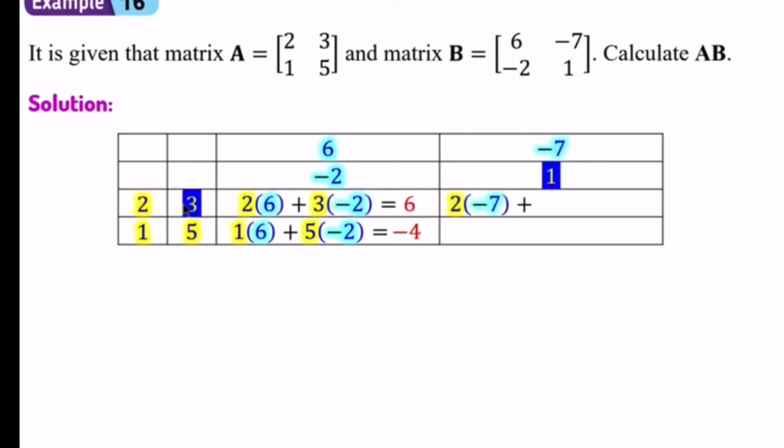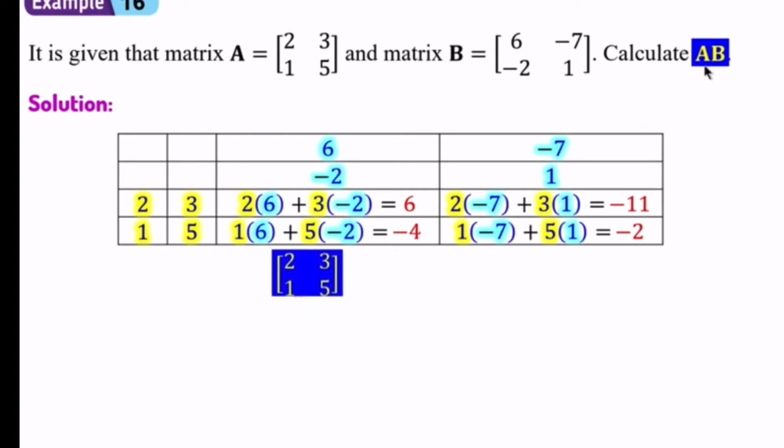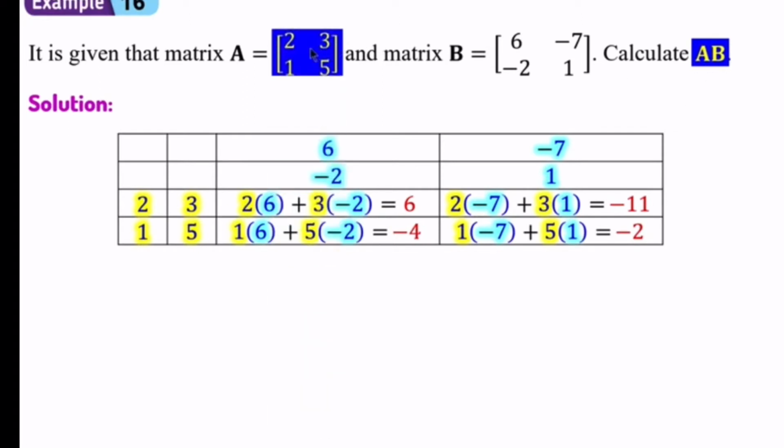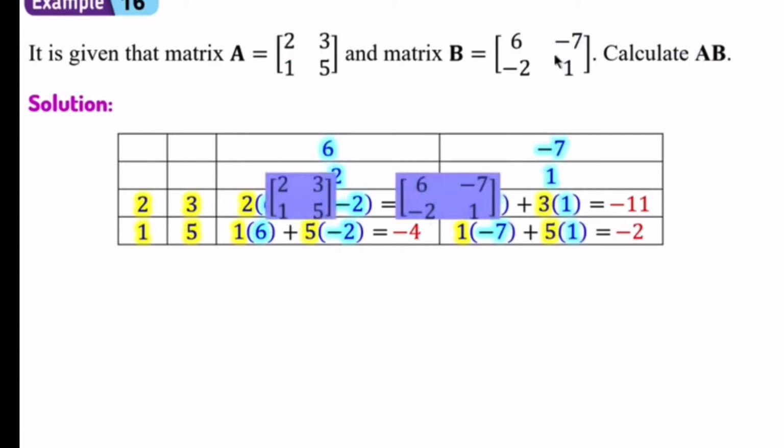If you use the table like this, you can see the logic of why we need to multiply like this. It's 1 times negative 7 plus 5 times 1, in blue color. You just sum up negative 7 plus 5, which is negative 2. That is the basic concept of multiplication of two matrices. I hope you understand.